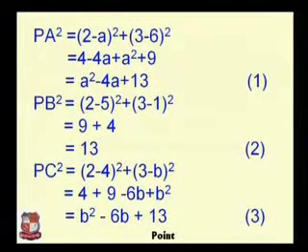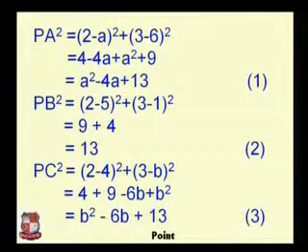Now find PB square, which is equal to (2 minus 5) whole square plus (3 minus 1) whole square. So 2 minus 5 we get minus 3, minus 3 whole square we get 9. Now 3 minus 1 we get 2, 2 square is 4, so 9 plus 4 we get 13. Call this equation number 2. Now find PC square, which is equivalent to (2 minus 4) whole square plus (3 minus b) whole square.